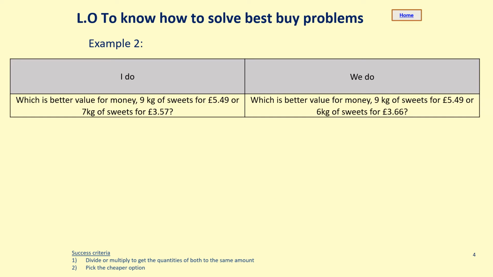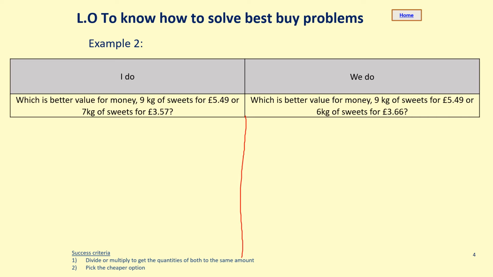Right, okay, so again, you've got 9 doing a redo. Just going to divide that page in half to make sure I stick on my half. And which is better value for money? 9 kg of sweets 5.49 or 7 kg of sweets for 3.57.